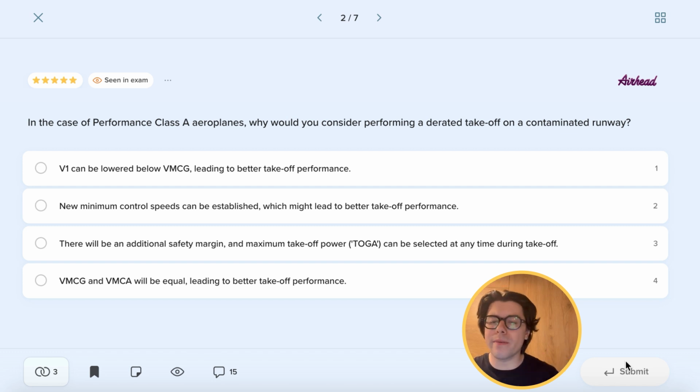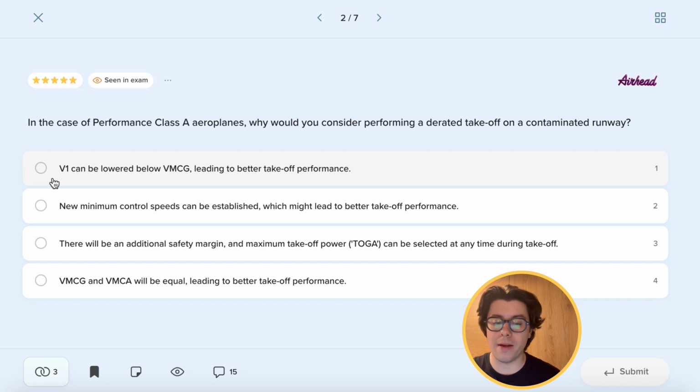Sometimes in very remote cases, the VMCG can be a limiting factor for takeoffs, and in case of the derate, we actually can decrease this and increase our maximum takeoff weight if that is a limitation. So in the case of this question, the V1 can be lowered below VMCG. Absolutely not.